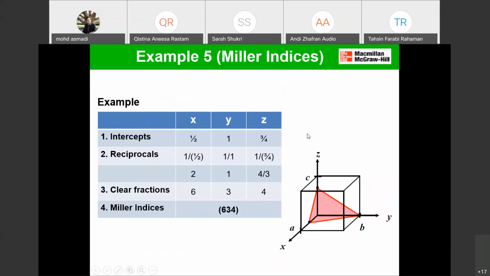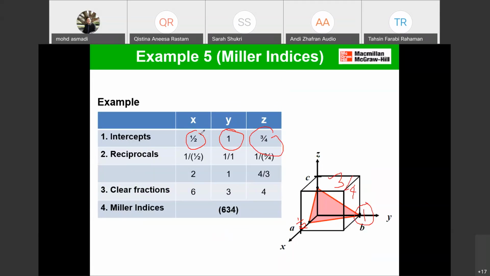So this is an example for the Miller indices. If you look here, the intercept for x is 1/2, y is 1, which is 100%, and z is 3/4.